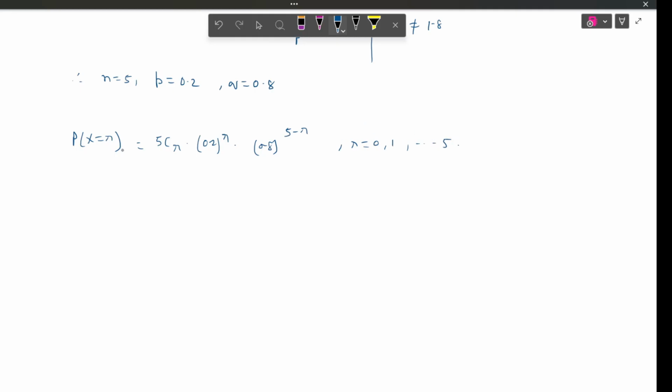Okay, this is the required binomial distribution. So this type of problem is very easy if you remember how to apply the formula. Okay, only formula based questions will be there.